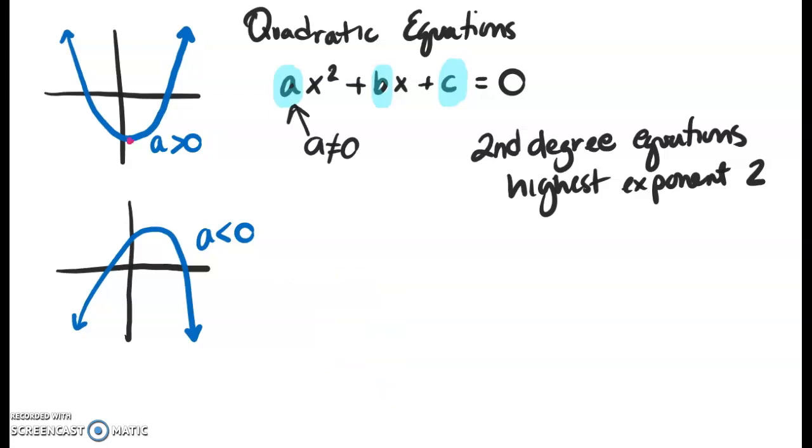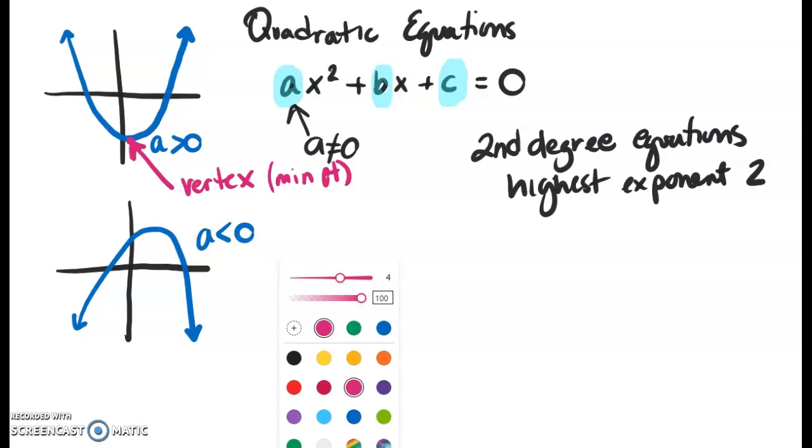Now, there is a point on this quadratic, on the parabola here, that is called the vertex. And that vertex is the minimum point. So it's the lowest point the quadratic equation would graph, if A is positive and it opens up.